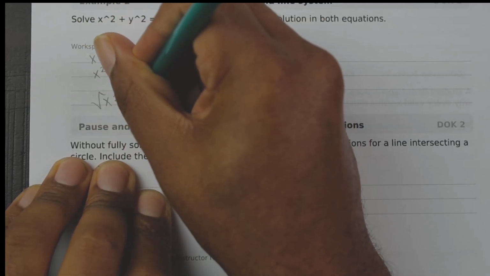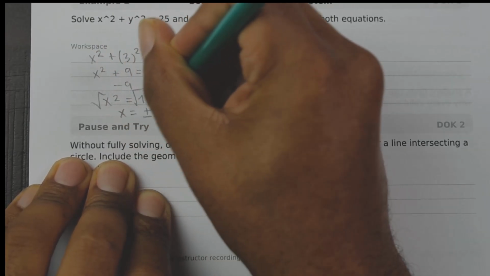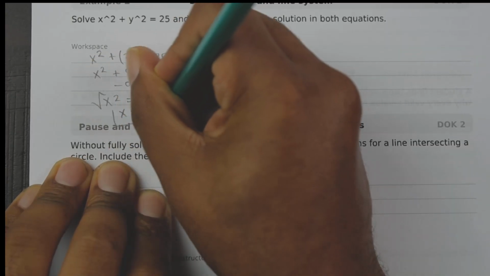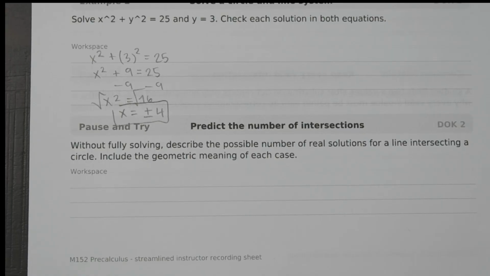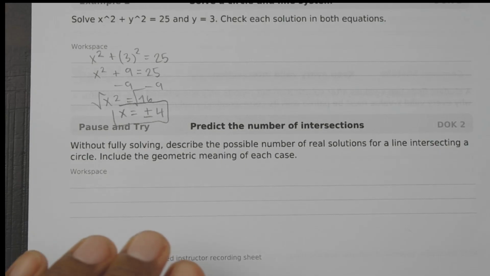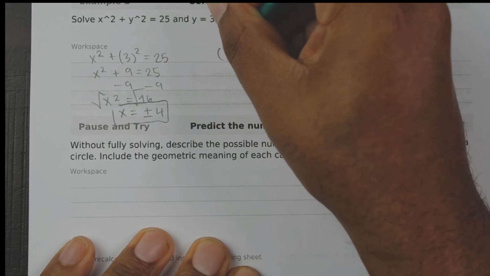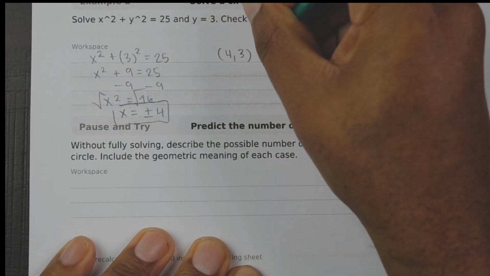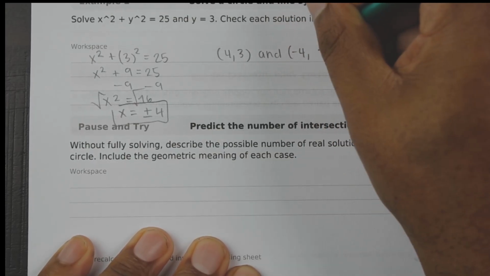And then from there, take the square root of both sides. x is equal to plus or minus 4. So notice we got two solutions here. So x is equal to negative 4 and x is equal to positive 4. So the way we would check it is we have essentially (4, 3) and (-4, 3).